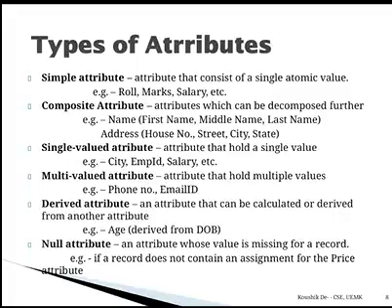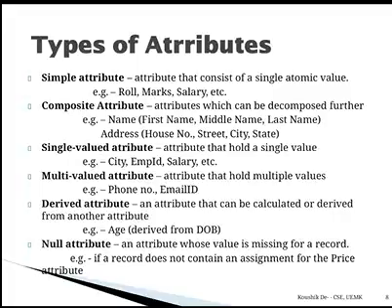Example: roll, marks, salary, etc. A composite attribute can be decomposed further. Examples: first name, middle name, last name, address, etc.